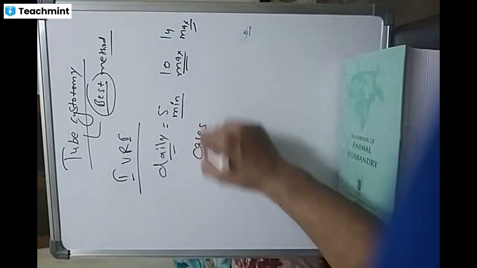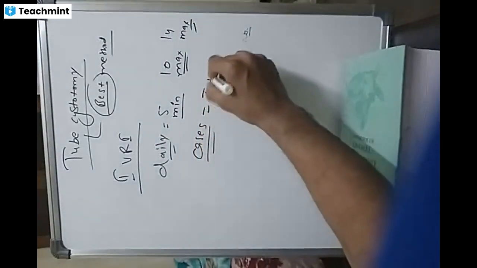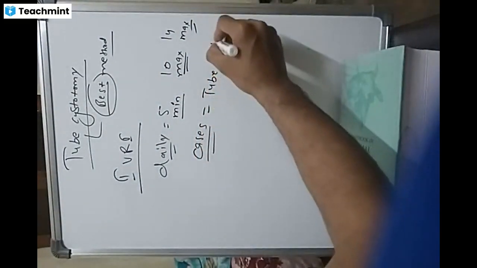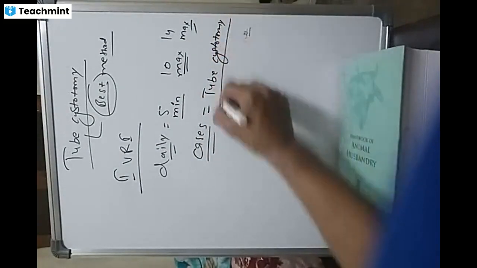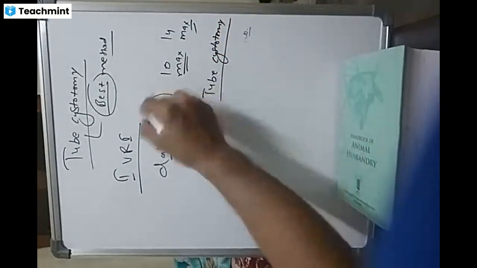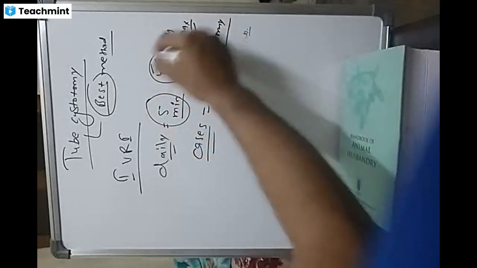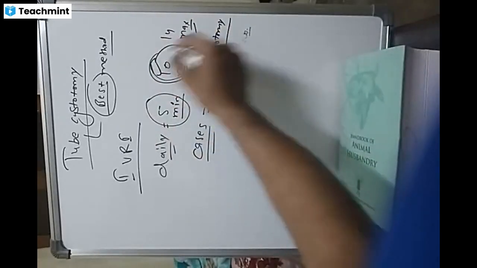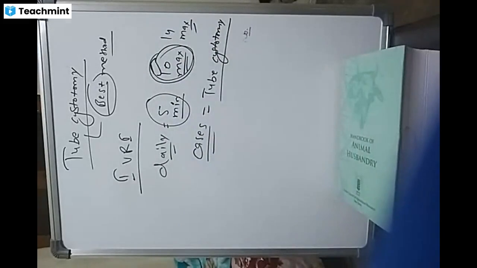Cases where we are doing tube cystotomy, minimum 5 and maximum every 3-4 days, sometimes 10 cases or maybe 14 cases per day.